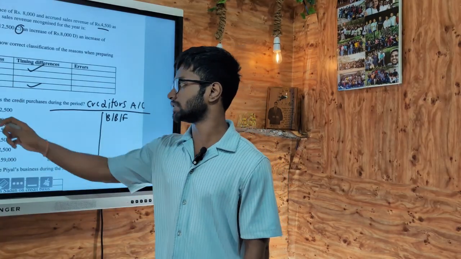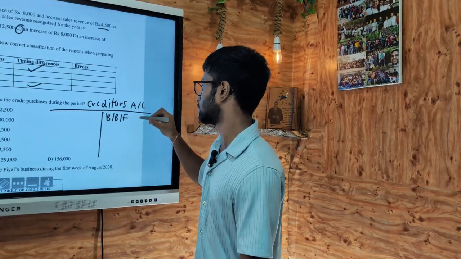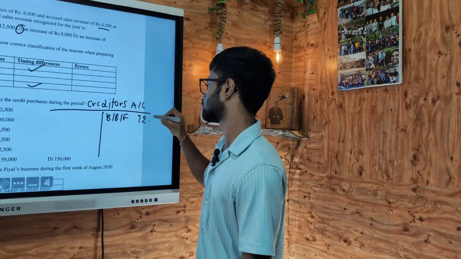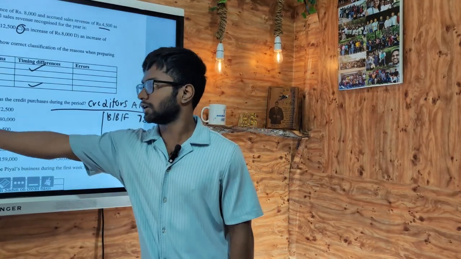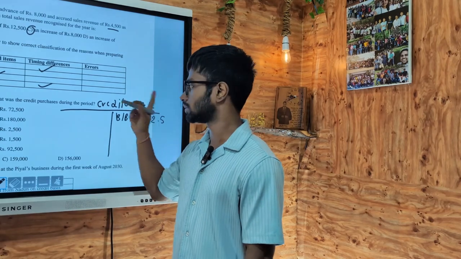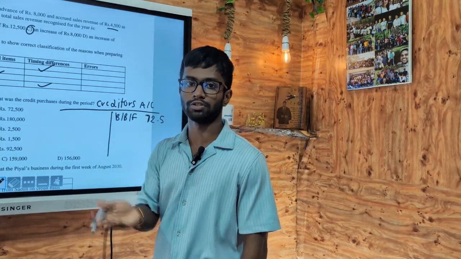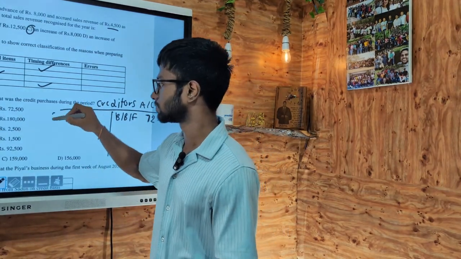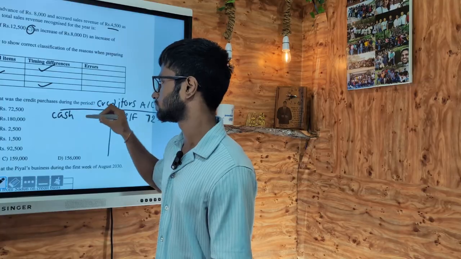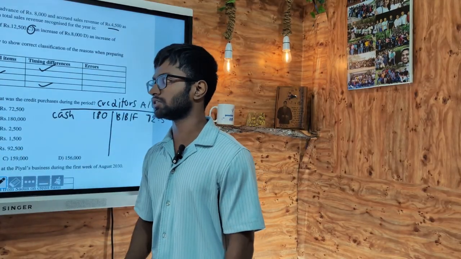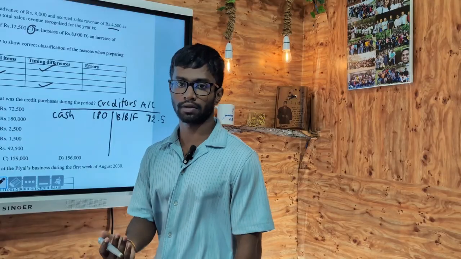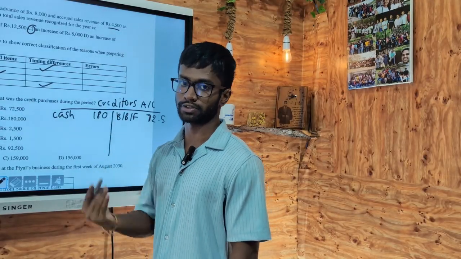So that opening balance we have 72.5, and cash paid to suppliers, cash credit, creditor debit. Liability reduces when you pay your creditor. Discount received also, you get a discount from the creditor, so the creditor value reduces.